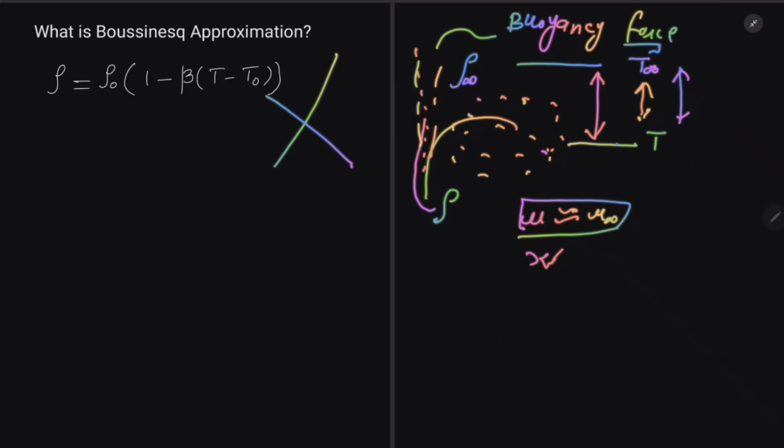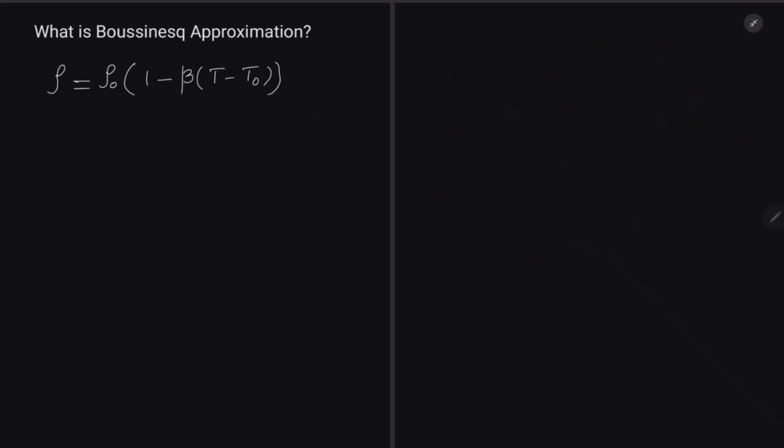In that case, the density will be a variable, and you must find the density as a solution of the equation. So let me talk about the Boussinesq approximation and the equation, and try to find the equation for it. Let me write the very familiar way of writing this approximation.